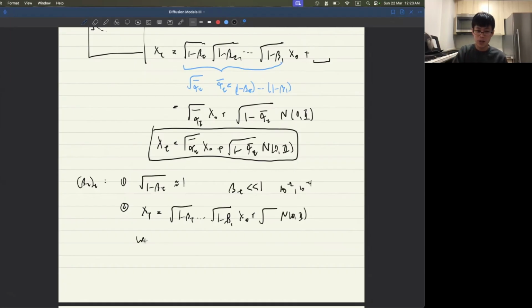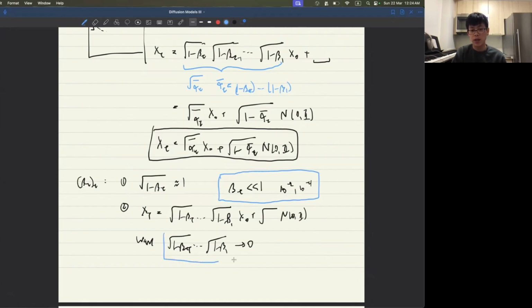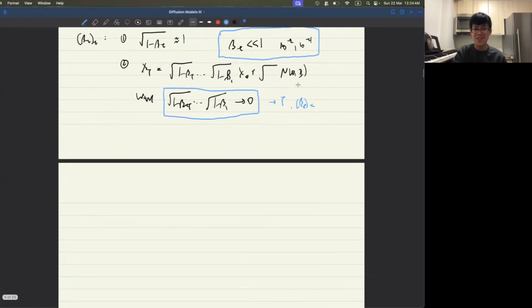So we want 1 minus beta t, through 1 minus beta 1, to go to 0. So these are the two considerations for choosing a variance schedule. We want each of the individual variance schedule parameters to be very small, but across the t time steps, the product of all of them should go to 0. This affects our choice of t as well as the variance schedule. And that's all I want to talk about for the forward diffusion process.